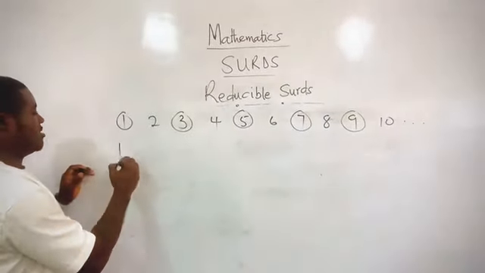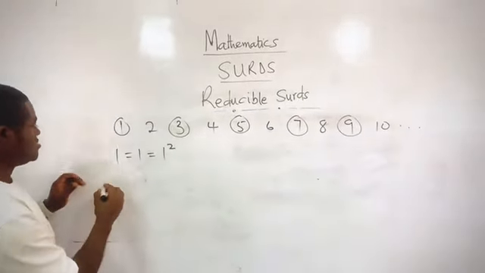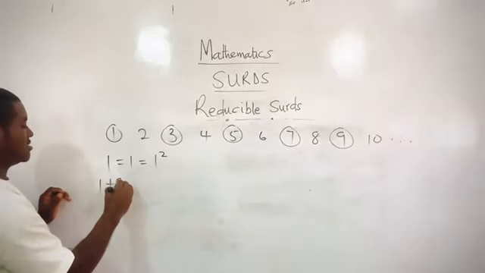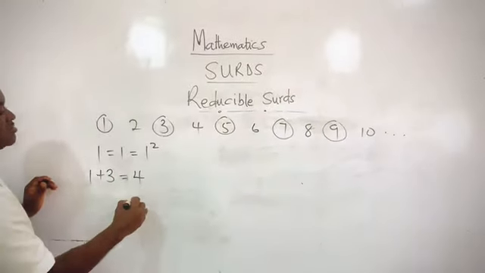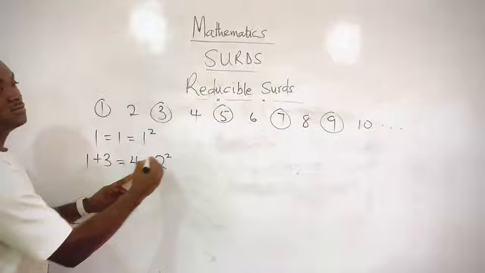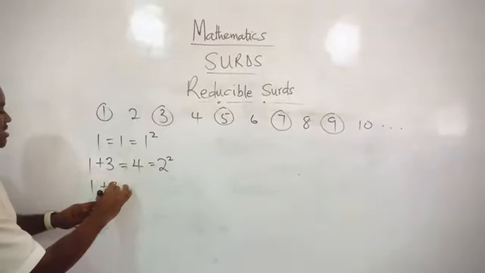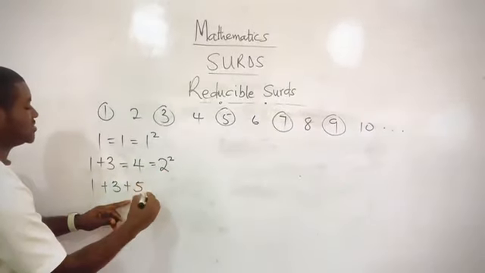So 1 will be 1 squared. You have 1 plus the next odd number, 3. The answer is 4, and 4 is the same as 2 to the power 2. Then we have 1 plus 3, the consecutive odd numbers, plus 5.